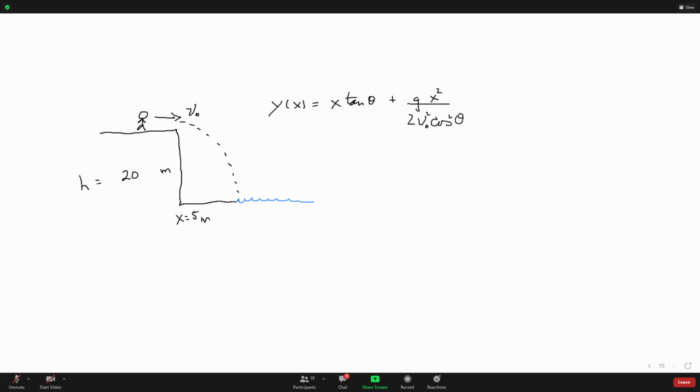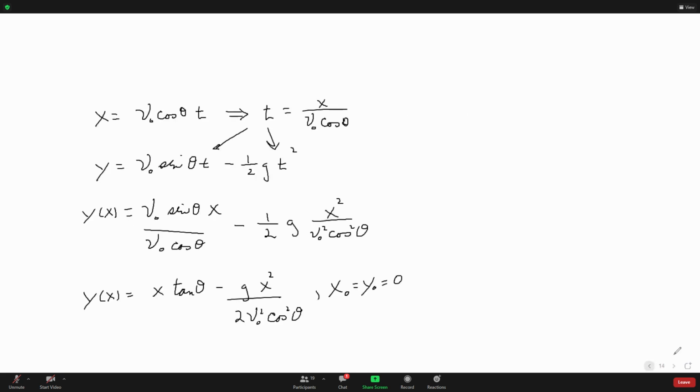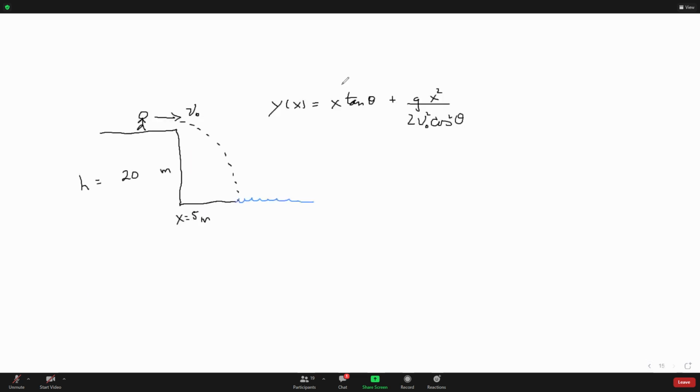But that's not correct, is it? What did I do wrong? Yeah, I forgot the negative sign. So I have to put a negative sign here.